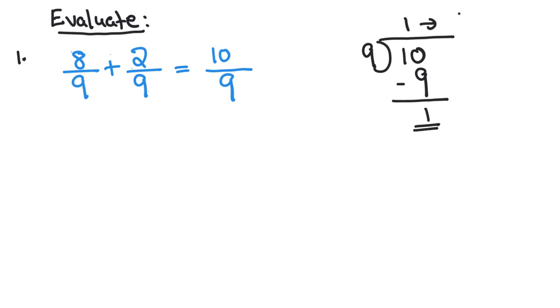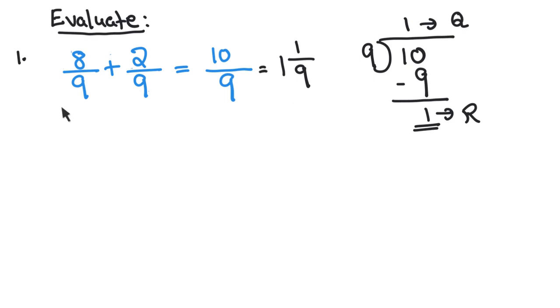This is the quotient, this is the remainder. So we can write 10 over 9 as the quotient 1, remainder 1 over 9. So this is how you change an improper fraction to a mixed fraction.